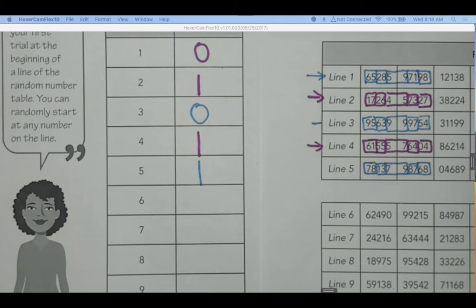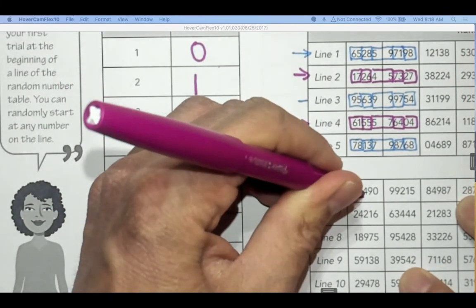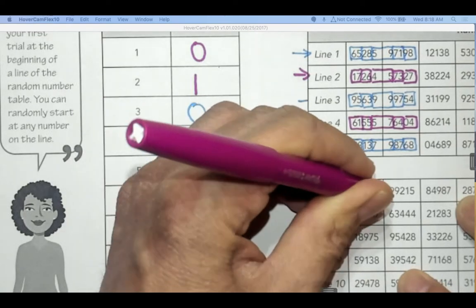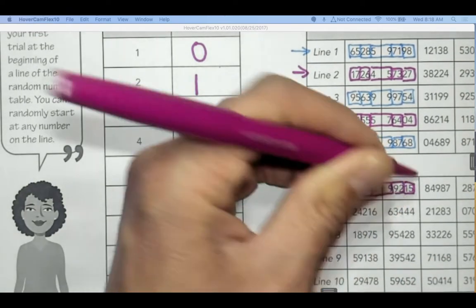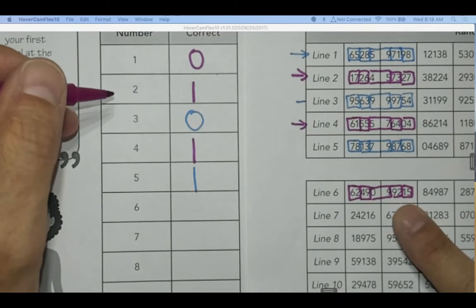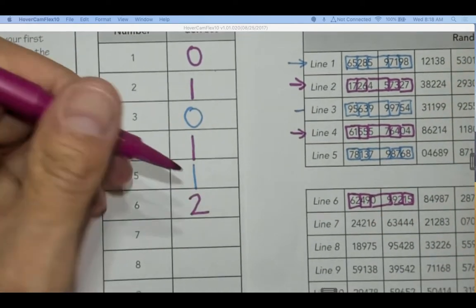Line 6, 62 wrong, 49 wrong, 9 right, 92 right, 15 right. I'm sorry, 92 wrong, 15 is correct, and 9 is correct. So that would have been 2 right for line 6.